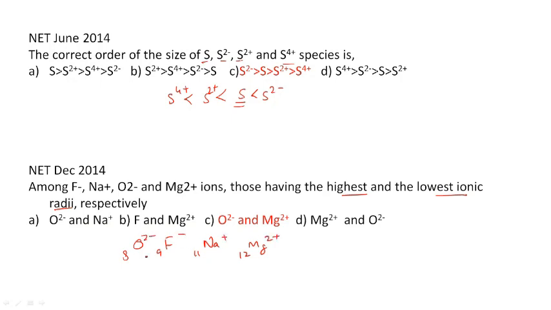So this is the increasing order, and this is 8 plus 2, so 10, 10, 10 and 10. So as we move from this to this side, Z effective increases and size decreases. Here it has been asked which has the highest size. Oxygen has the highest size, and which has the lowest size? Magnesium has the lowest size. As we move from left to right, the size decreases according to this relationship. So this is the correct option.